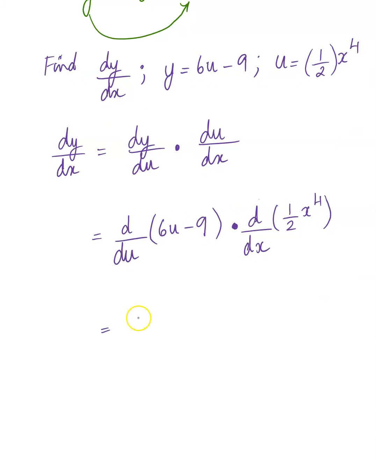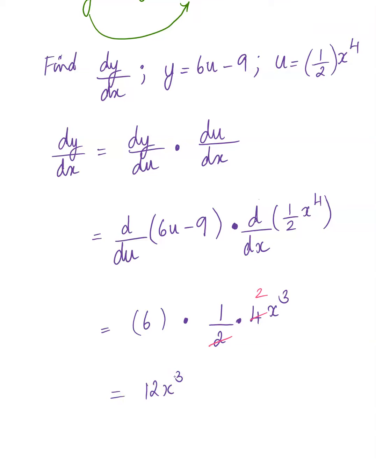Alright, so this will be 6 itself, right? It's with respect to u. So 6 times derivative of u is 1, and 9, the derivative of 9 is 0, times, this will be half times 4x cubed. And then the half can reduce. 6 times 2, 12, 12x cubed.